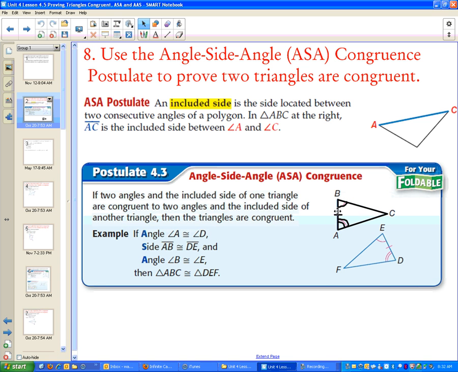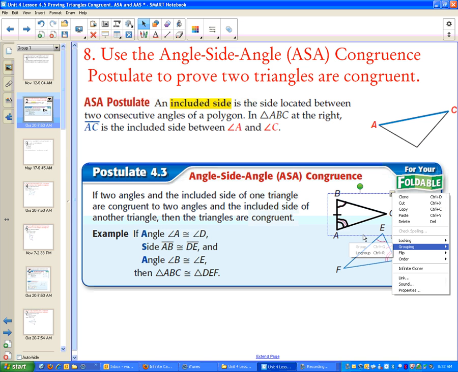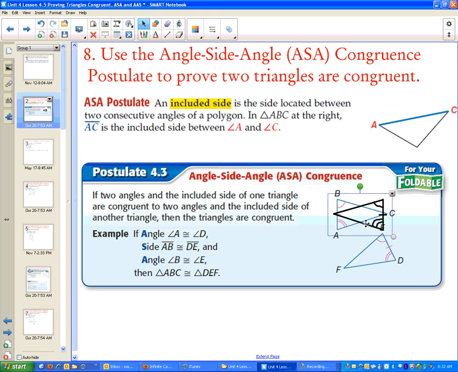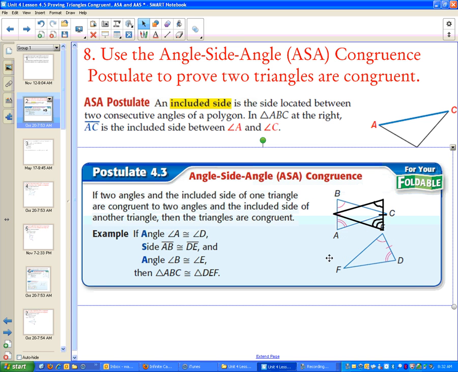And we can do this again. We've got two angles. Notice that segment AB would be the included side between angle A and angle B. And then we move it over here.